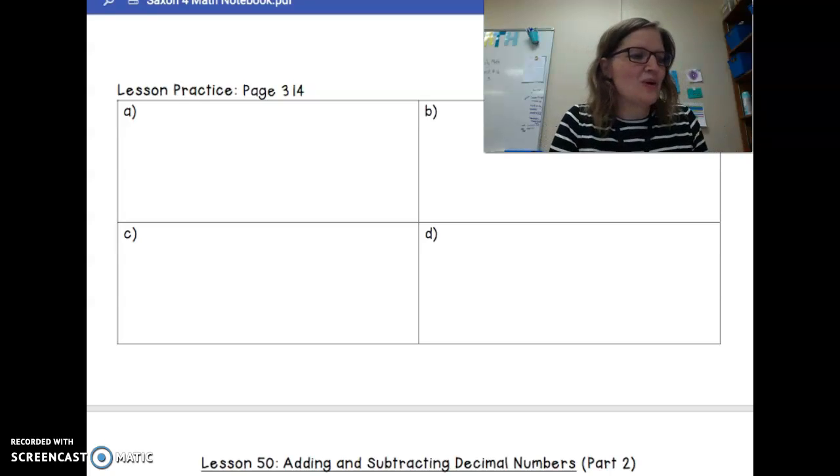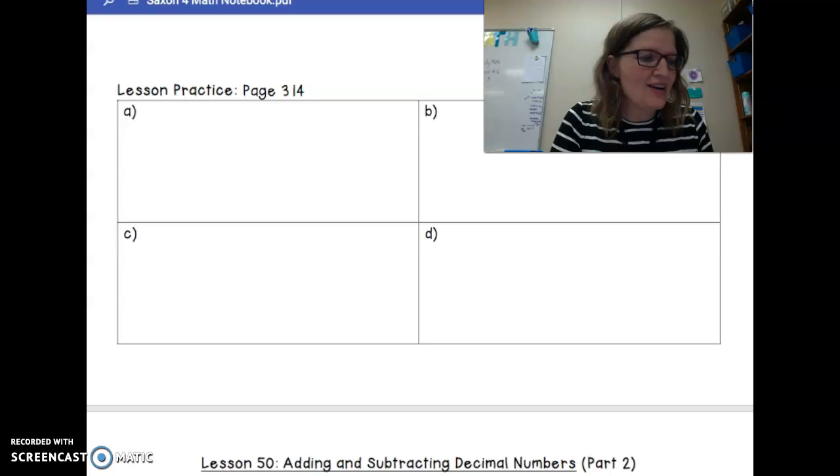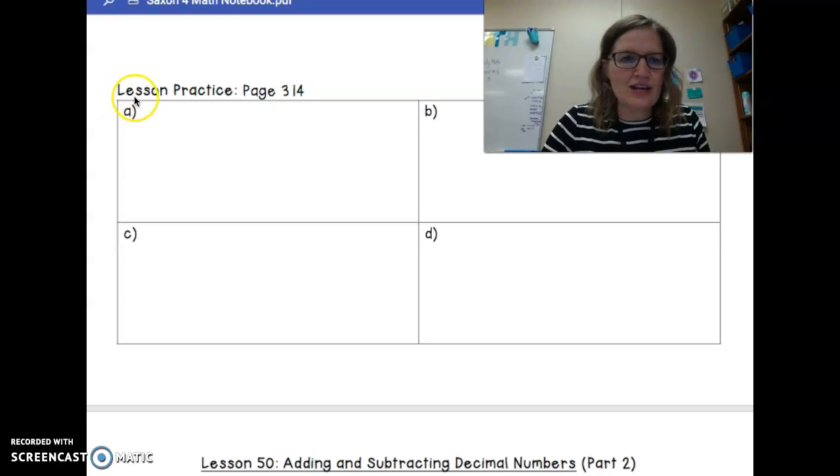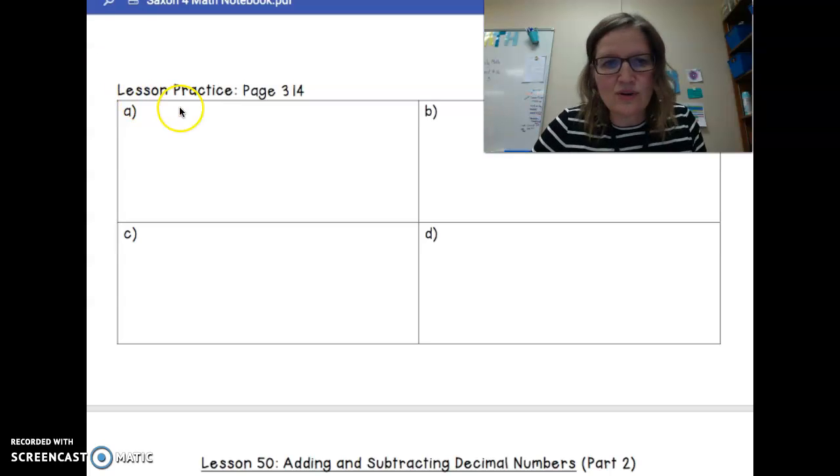For A, it says there were 8 birds in each flock. There were 6 flocks. How many birds were there? It's going to look like this. We have 6 flocks. It's best not to write with your eraser.